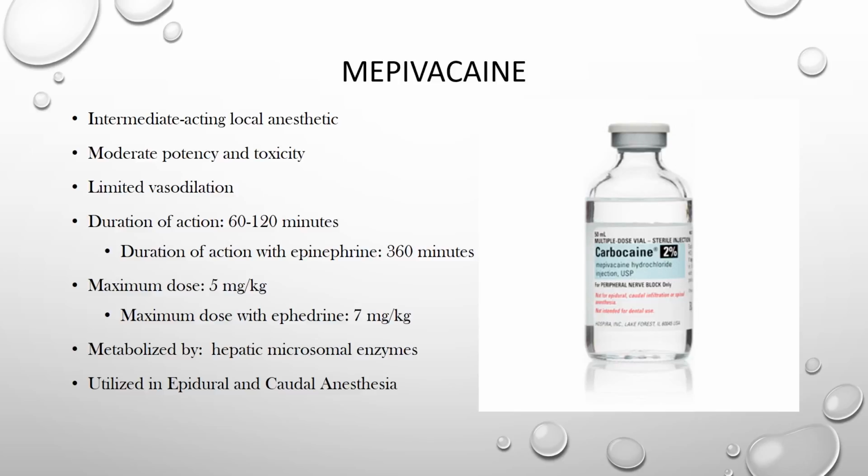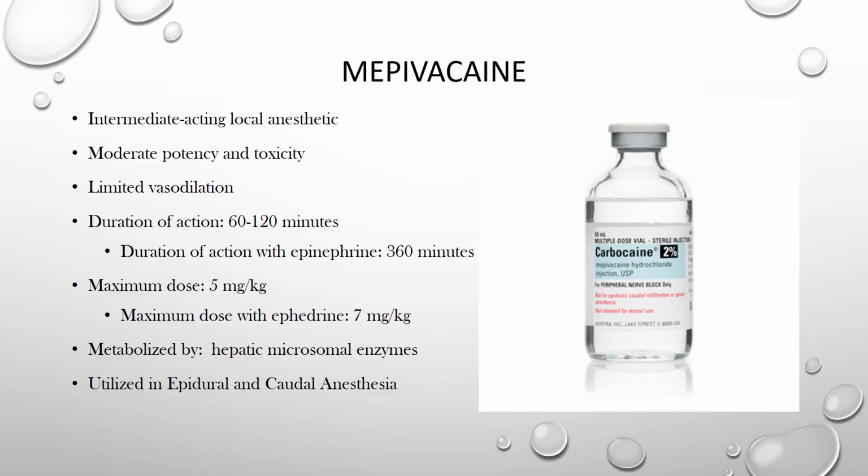The maximum dose without epinephrine is 5 mg per kg and increases to 7 mg per kg with the addition of epinephrine. MEPIVACAINE is metabolized by hepatic microsomal enzymes. Consequently, similar to lidocaine, be aware that patients taking medications also metabolized by these enzymes are at risk for having a prolonged duration of action with this local anesthetic.